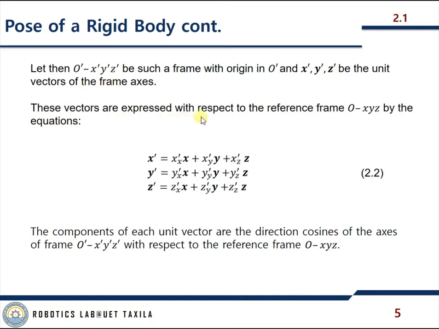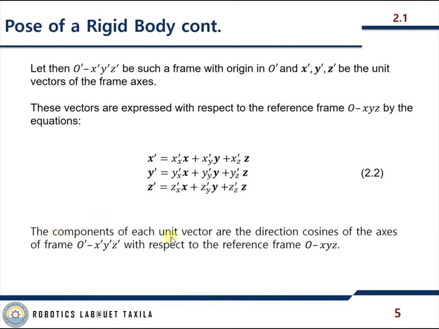These vectors are expressed with respect to the reference frame, which is O x y z, by equations like this. So you can see that x bar is represented by x bar x in the direction of x, x bar y in the direction of y, and x bar z in the direction of z. And in a similar way, we have this equation and this equation.